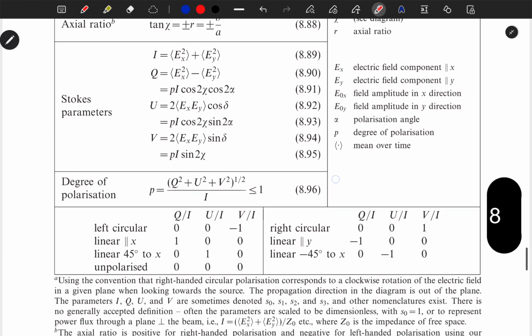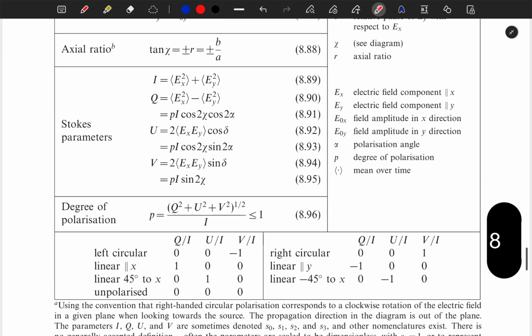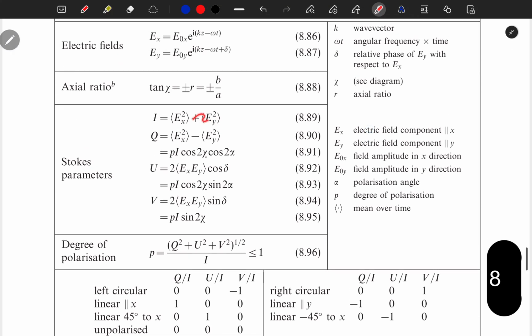Stokes parameters: I equals the average of Ex squared plus Ey squared, Q equals the average of Ex squared minus Ey squared.